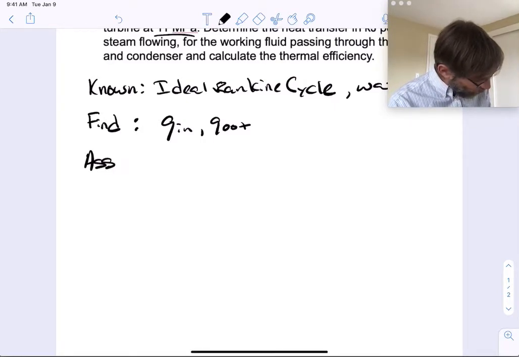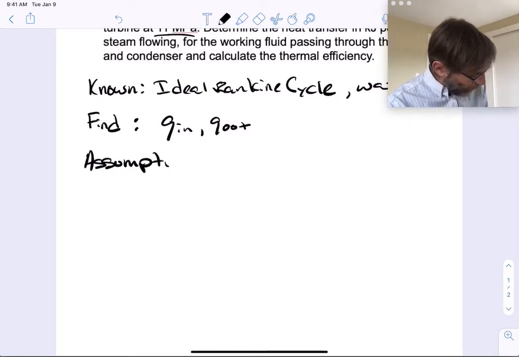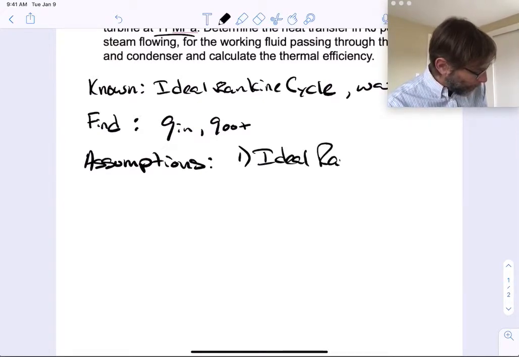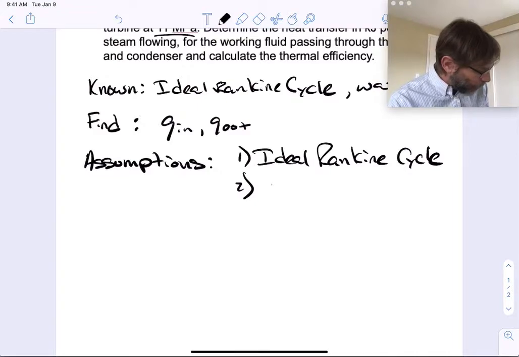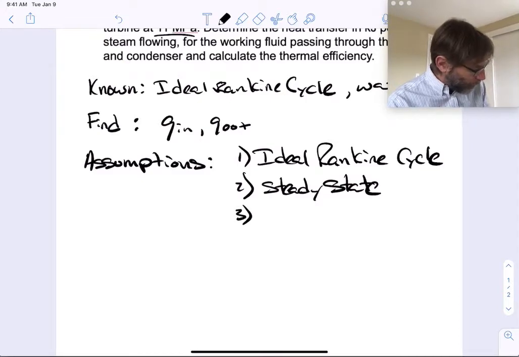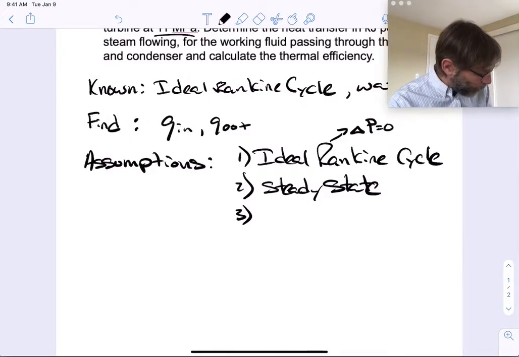Assumptions. All right, so first I'm going to say that 1 is an ideal Rankine cycle. And 2, we're going to say that we have steady state. And 3, the ideal Rankine cycle takes a lot of things into account: delta P equals 0, and it assumes all the assumptions.